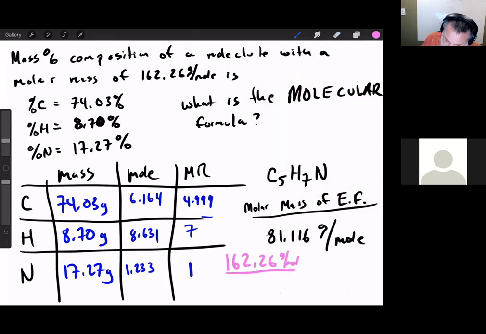I want to divide that by 81.116 grams per mole to get the multiplication factor. 162.26 divided by 81.116, and I get 2.000. So the multiplication factor is 2. So I multiply by 2 to get the molar mass.